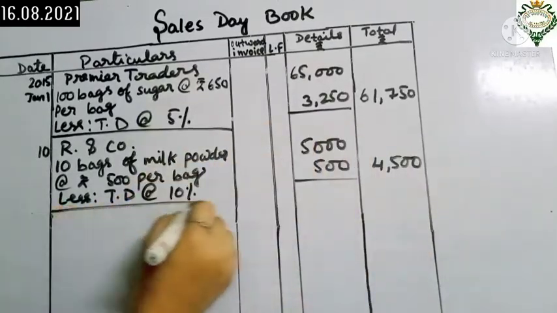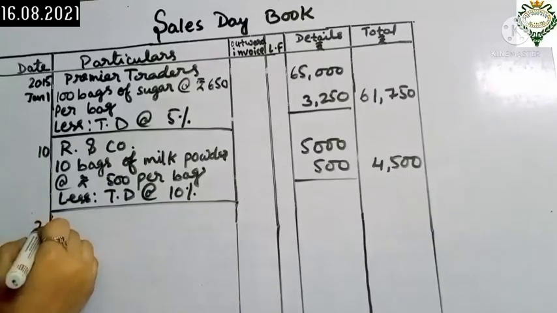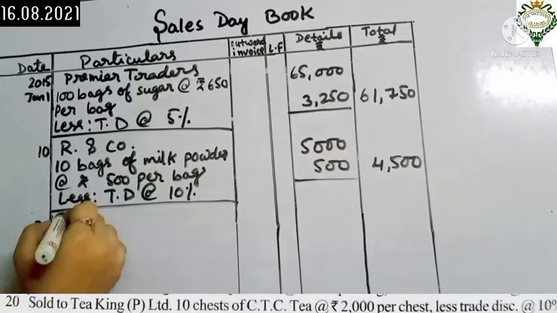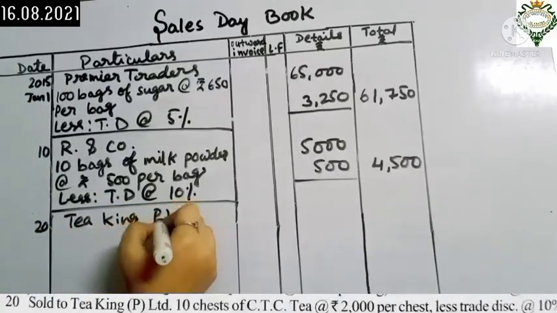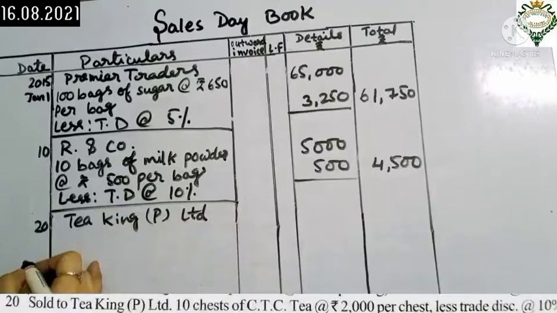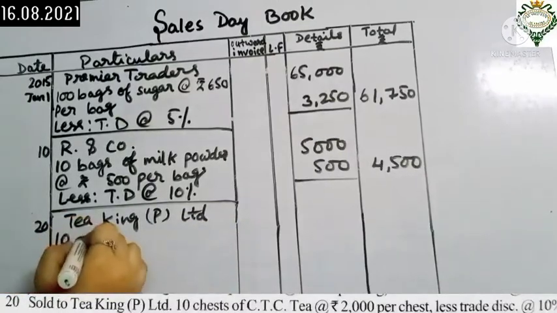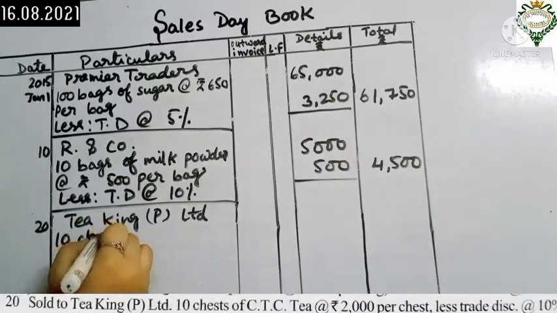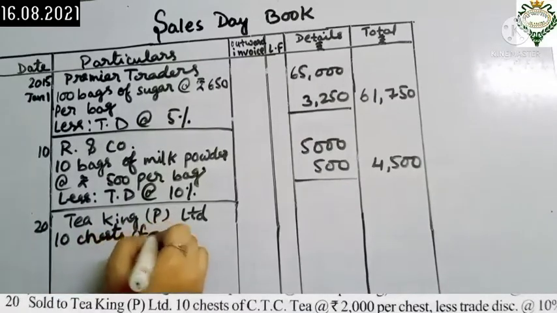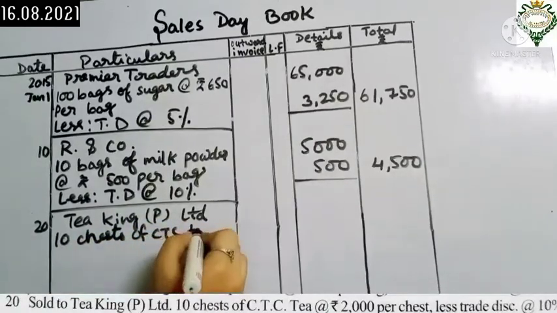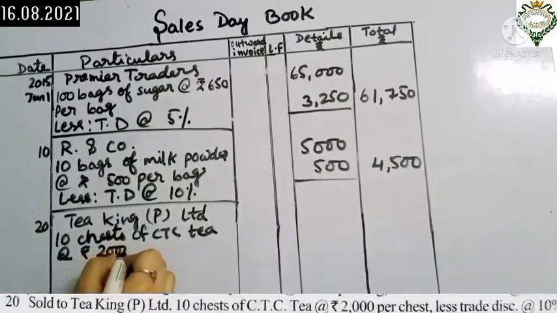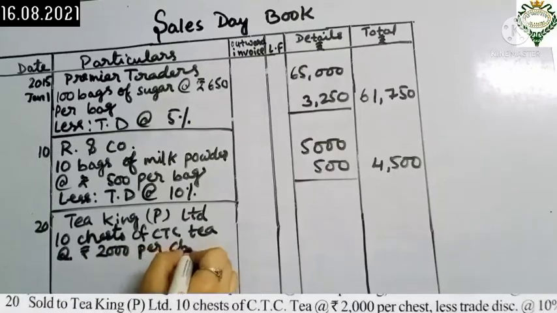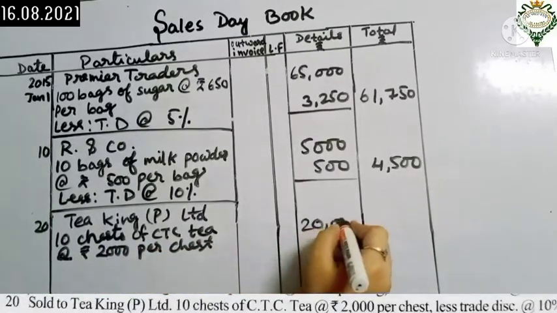Then come to the next transaction that has been done on 20th January. It is done with T King P Limited, and the transaction was 10 chests of CTC tea at rupees 2,000 per chest. If you multiply 10 with 2,000 you will get 20,000.